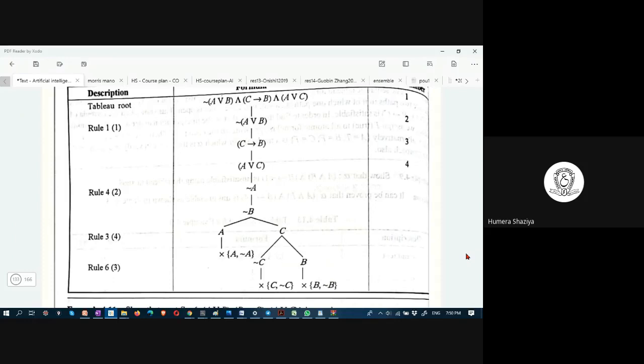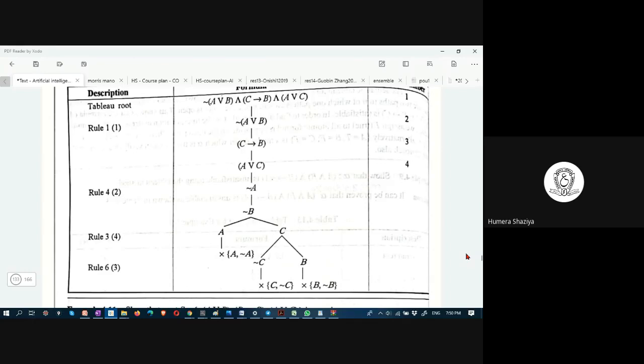Wherever there is 'and', it is one single path. Here you find 'and', so not A or B is one formula, C implies B is another formula, and A or C is another formula.